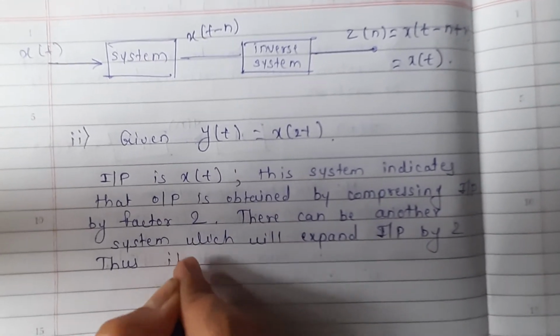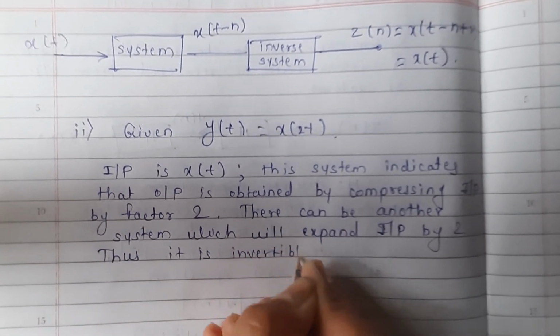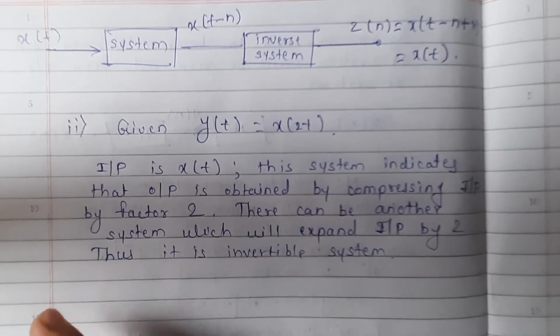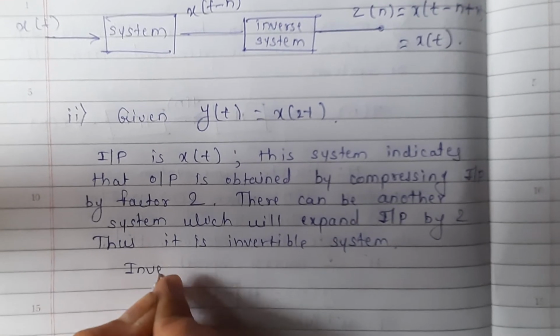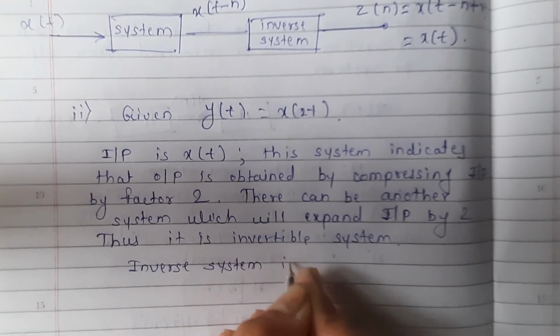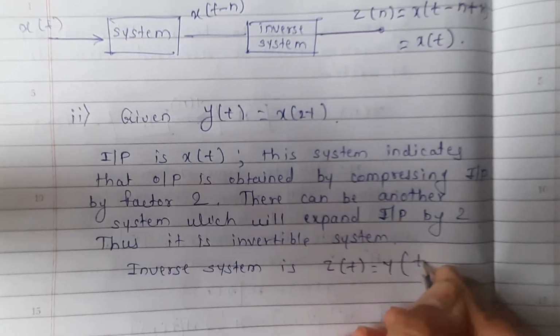Thus it is an invertible system. And its inverse is z of t is equal to y of t by 2.